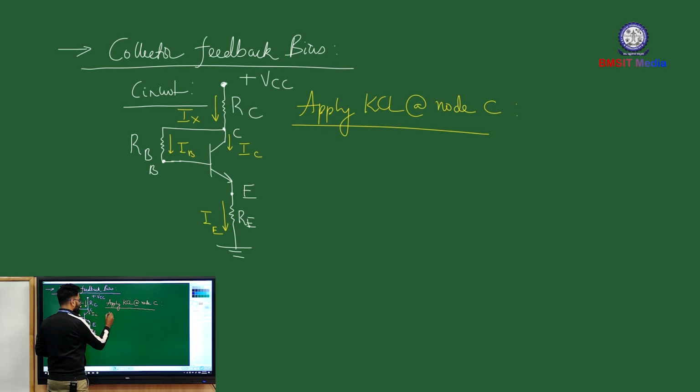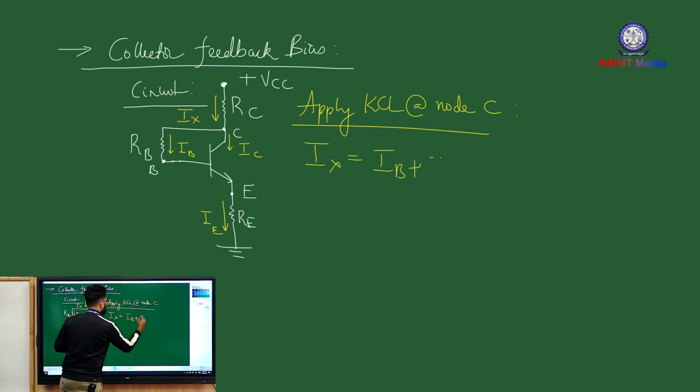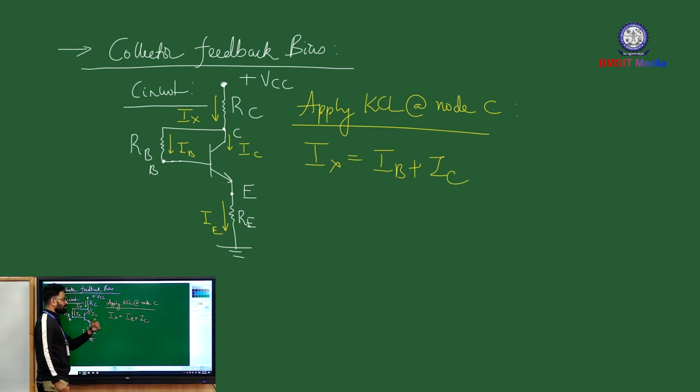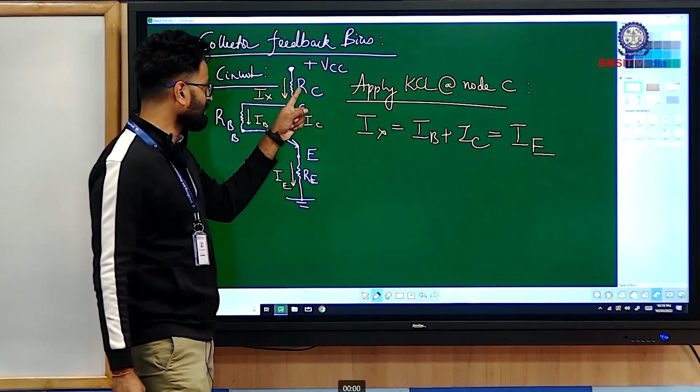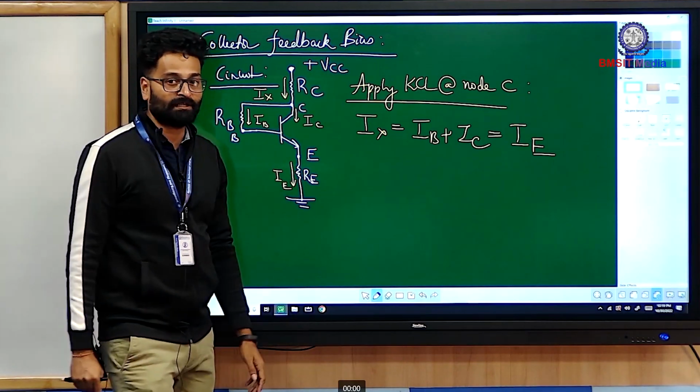So as per Kirchhoff's current law, incoming current is equal to summation of outgoing current. So incoming current is Ix at node C, and outgoing currents at node C are IB plus IC. But we know that IB plus IC gives emitter current IE. So the current which is flowing through RC is nothing but the emitter current IE.